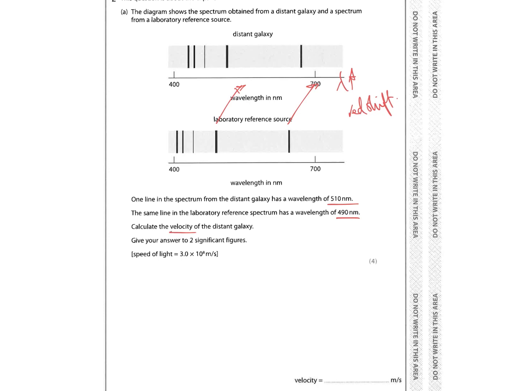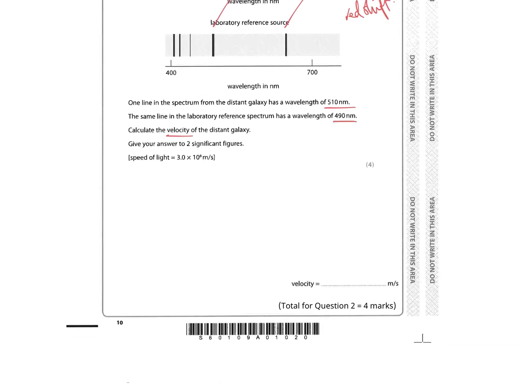Hopefully you would be able to recall from memory the equation which says that the velocity divided by the speed of light is equal to the galaxy wavelength minus the laboratory frame wavelength, divided by the laboratory frame wavelength, which gives us 510 nanometers minus 490 nanometers divided by 490 nanometers. Now, because the nanometers are the same in each of them, you can forget about that.